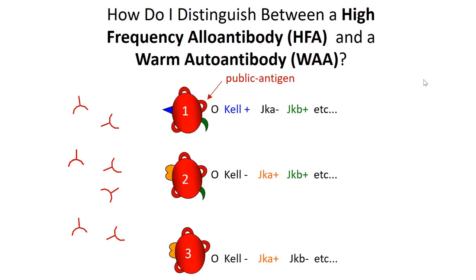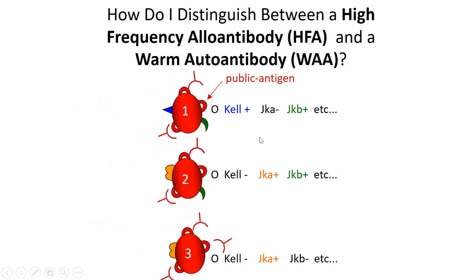How do you distinguish between a high-frequency alloantibody and a warm auto? Well, let's say you have a warm auto and it is attracted to a public antigen, a universal antigen present on all red cells, hence the classic pan-reactive pattern, reacting equally with self and non-self.